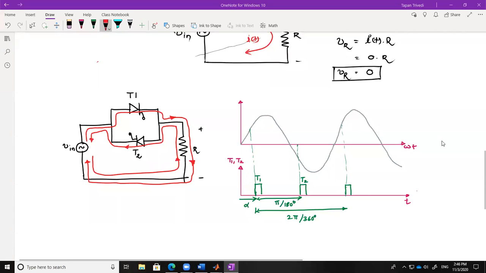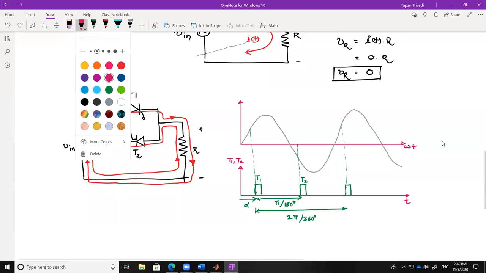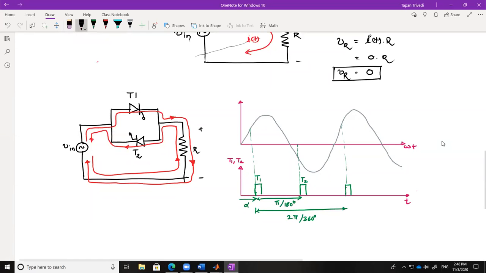And now when T1 conducts, the current flows from positive to negative. So you get a voltage like this. And whenever T2 conducts, the current flows in the reverse direction. So the voltage drop is also in the negative direction.